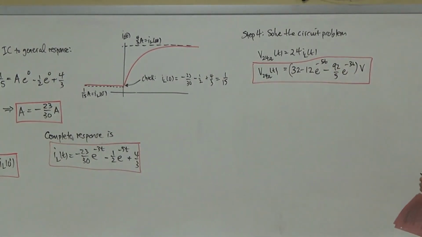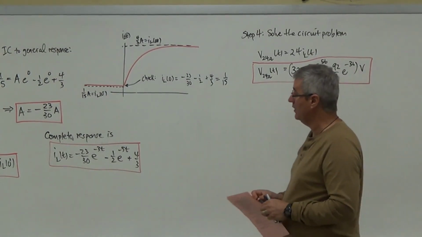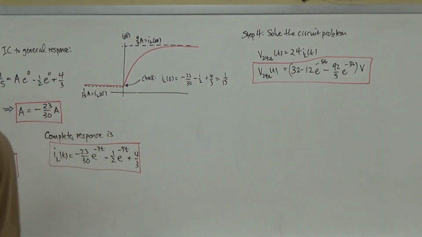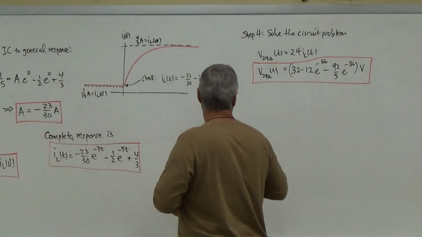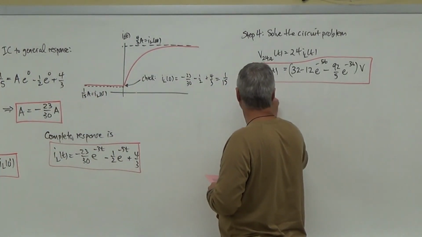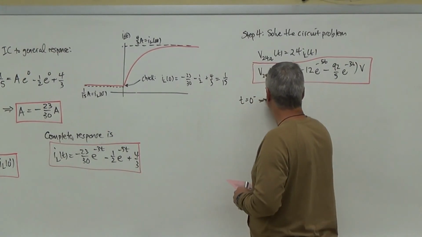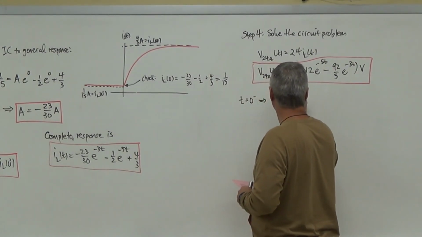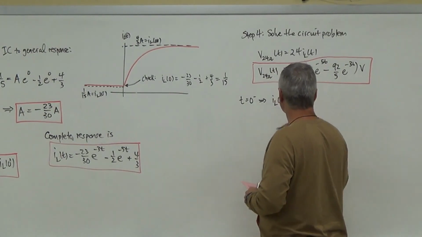So what is the behavior of this voltage source here? Well, for starters, what do we expect the source to look like? One of the things that we saw here, initially, the current through this guy had to be the current through the inductor. So we saw here at t equal to 0 minus that the current of the inductor at 0 had to also be the current of this guy right here.